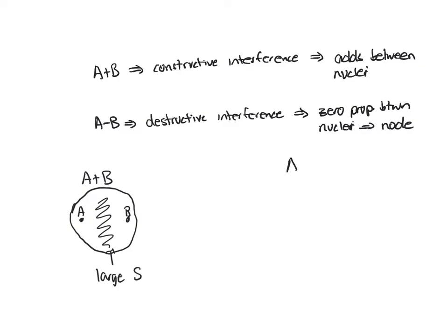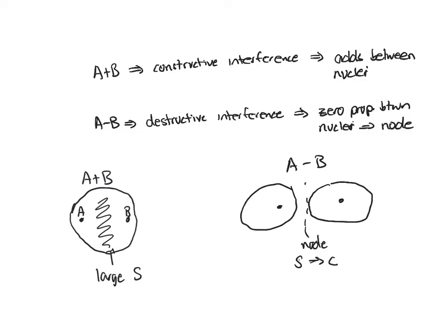and our A minus B ends up with a zero probability between the two nuclei. So S goes to zero between the two nuclei. So this one is called a bonding orbital because it keeps the electron between the two nuclei, which keeps those two nuclei together, forming that bond.